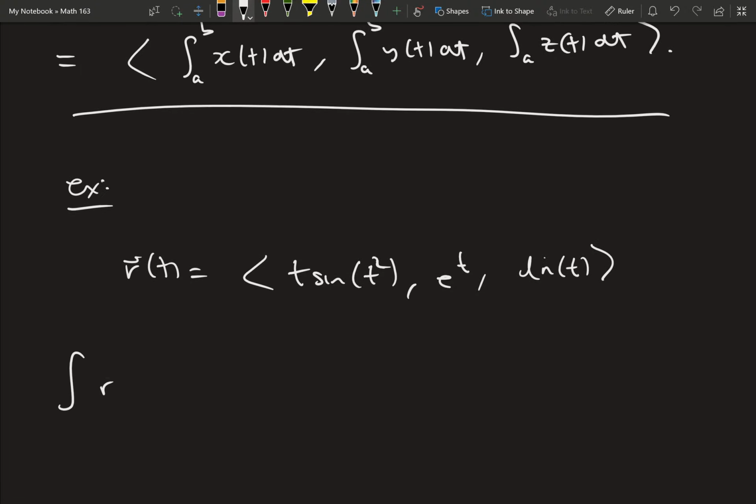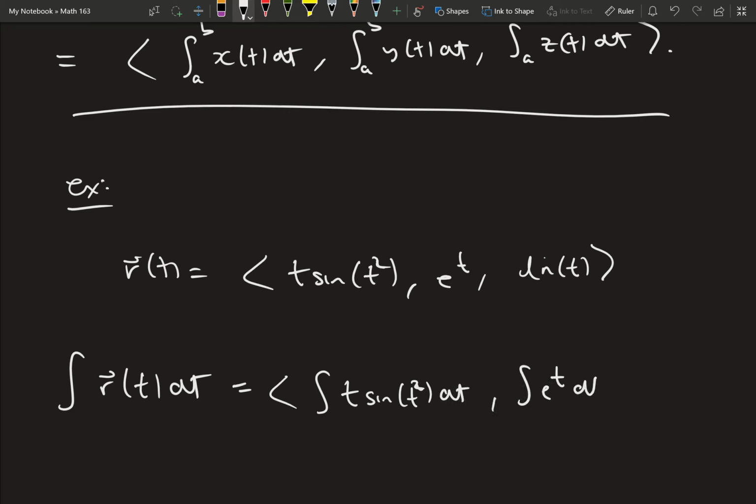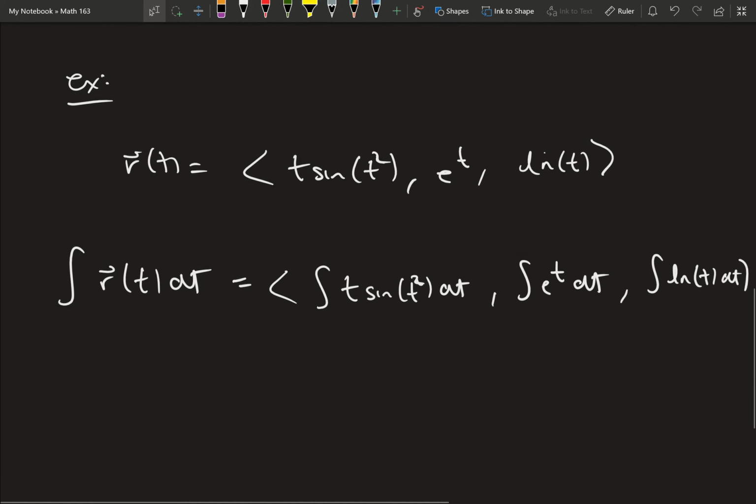So we want to compute the antiderivative. A general indefinite integral gives you an antiderivative. We've seen that in single variable calculus. So we have the integral of t sine of t squared dt, the integral of e to the t dt, and the integral of ln of t dt. So what do we get?